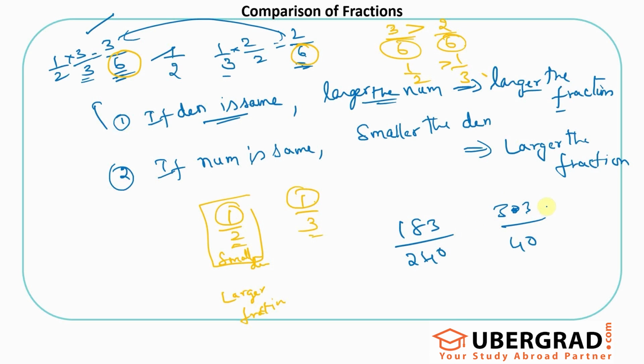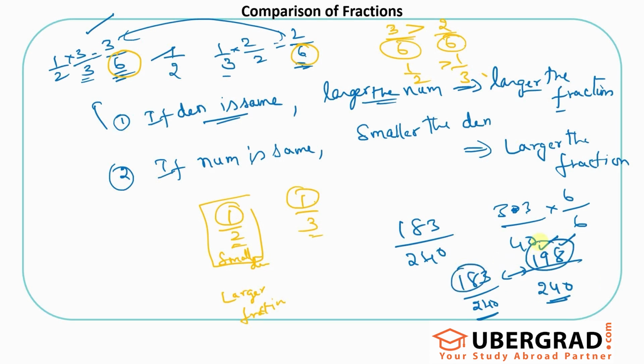So what can I do? I just multiply by 6 and 6, right? 40 times 6 is 240. See, 33 into 6 is 198. So 183 by 240 and 198 by 240, which one is greater? 240 is same. 198 is a larger numerator than 183. That means this fraction is larger than this. That's the answer, right? That's how you compare things.